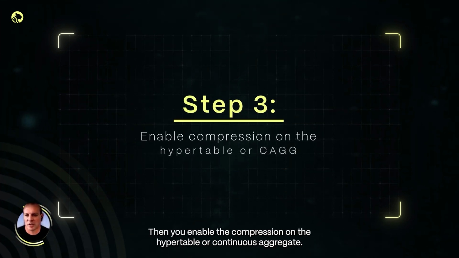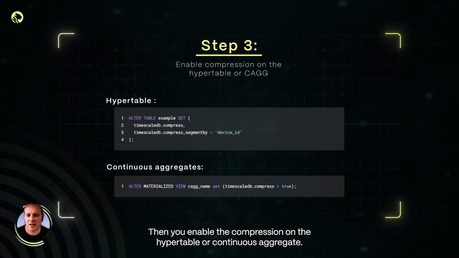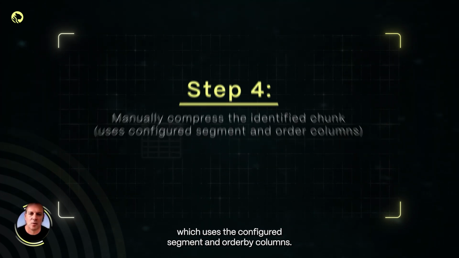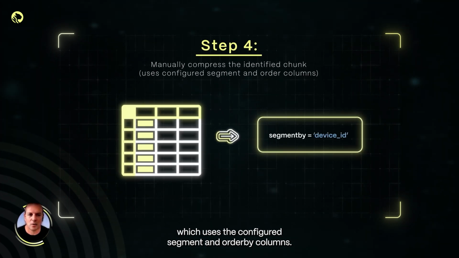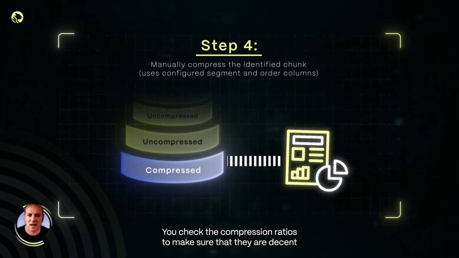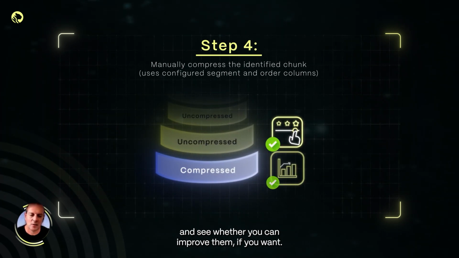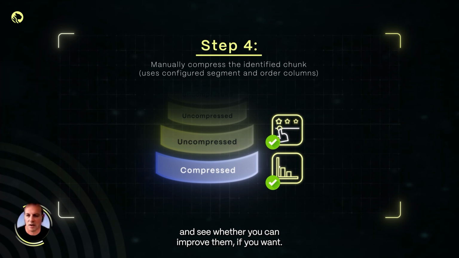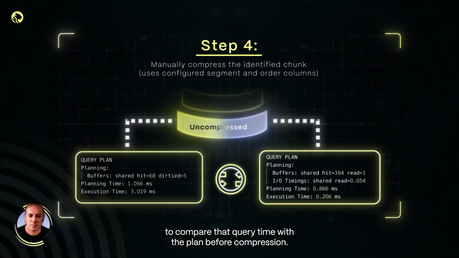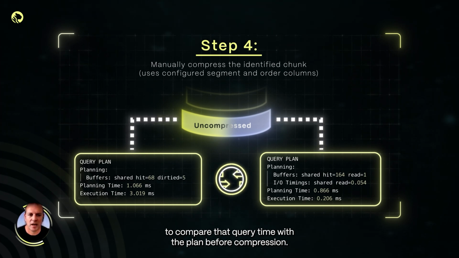Then you enable the compression on the hypertable or continuous aggregate, and then manually compress the identified chunk that you're testing, which uses the configured segment and order by columns. You check the compression ratios to make sure that they are decent and see whether you can improve them if you want. Then you get the query execution plan after compression to compare that query time with the plan before compression.